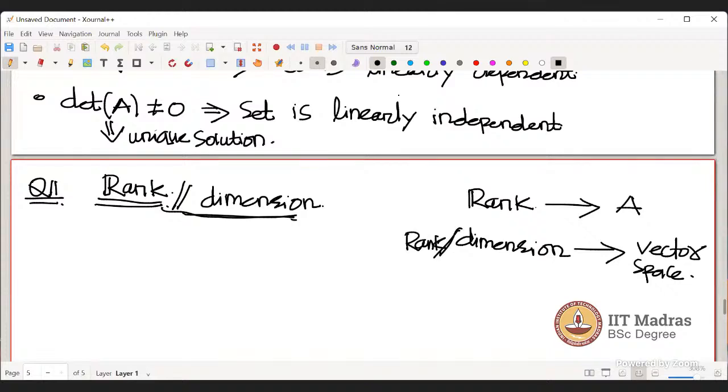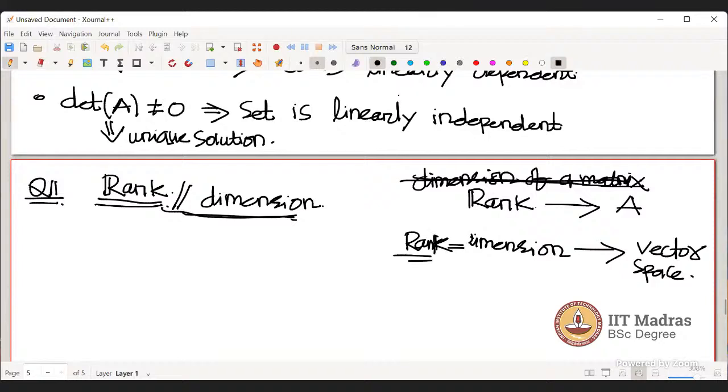When I'm saying the rank of a vector space, it is basically the dimension of the vector space. They are basically the same thing in the case of a vector space. There is nothing called the dimension of a matrix. Rank is for a matrix and dimension is for a vector space.